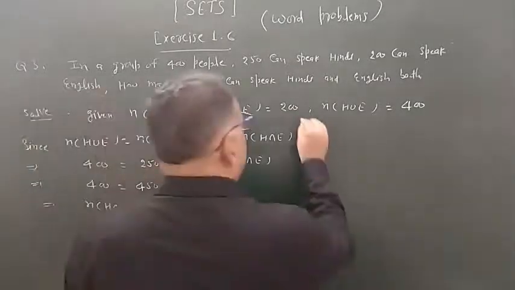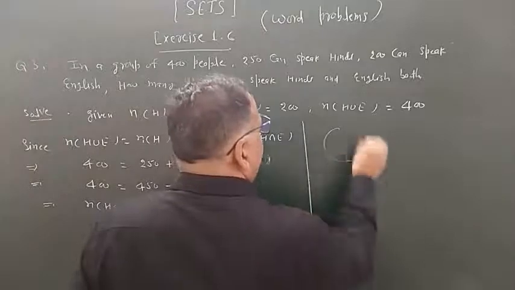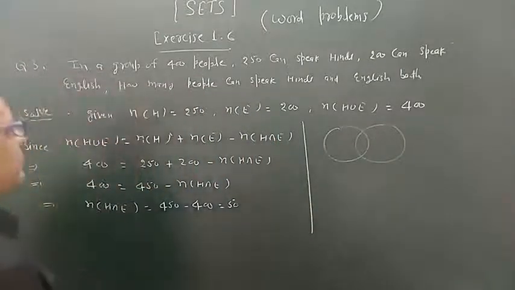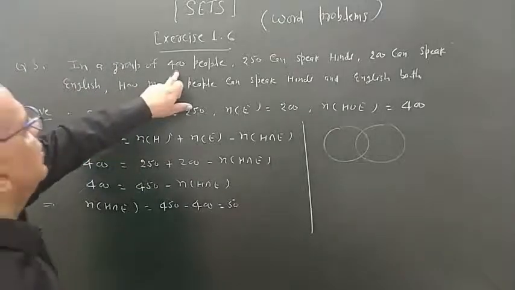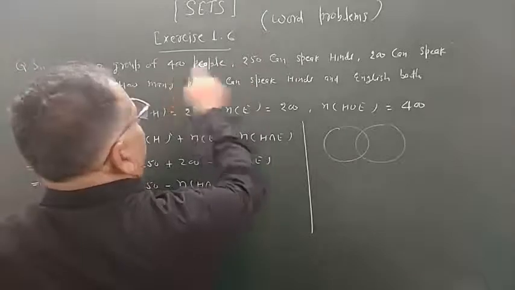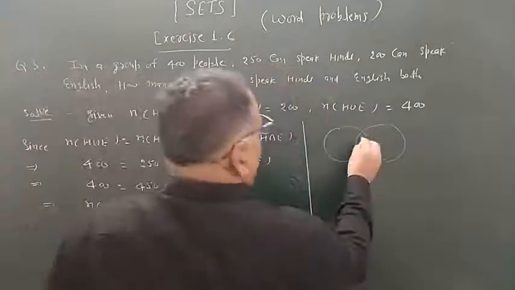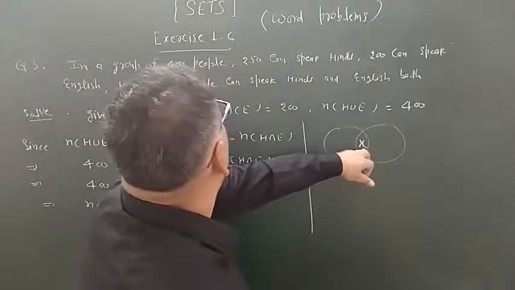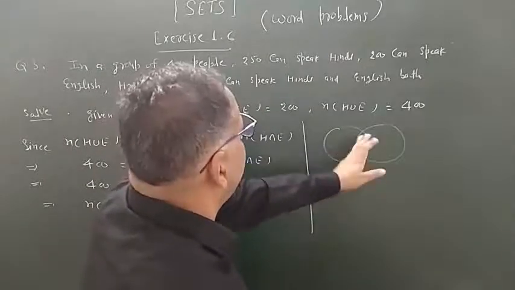If you want to use the Venn diagram method, so here there are 400 people in total. 250 can speak Hindi, but we don't know how many speak English and Hindi both.